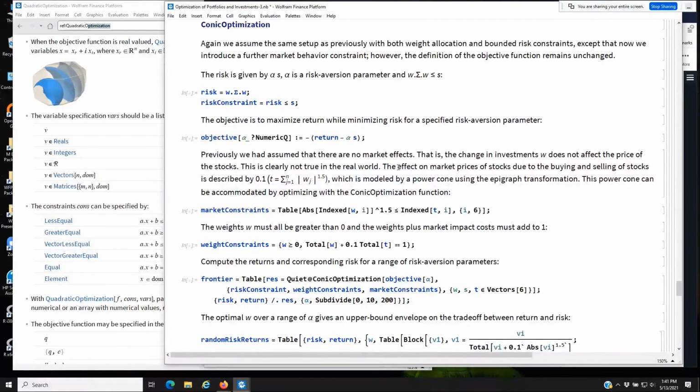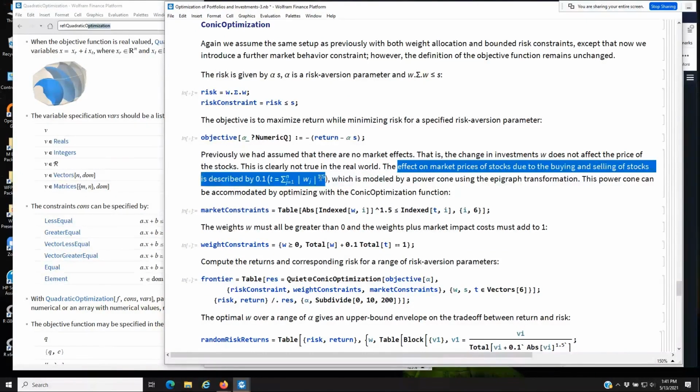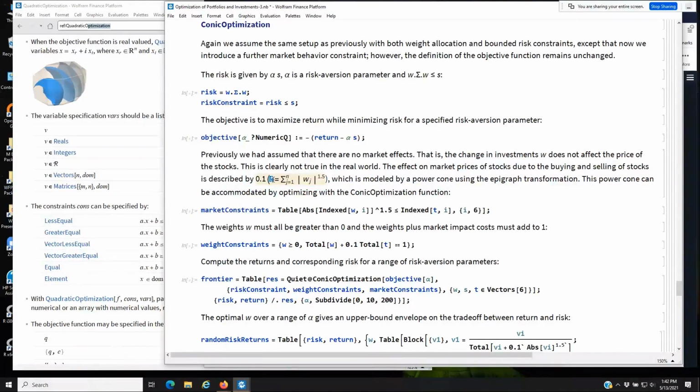It's been shown that the effect on market prices due to buying and selling of stocks now results in this type of change. So it induces an additional variable, which we'll call T. And it basically says that there's going to be a negative side effect of this, a loss or a cost associated with your interaction with the market.